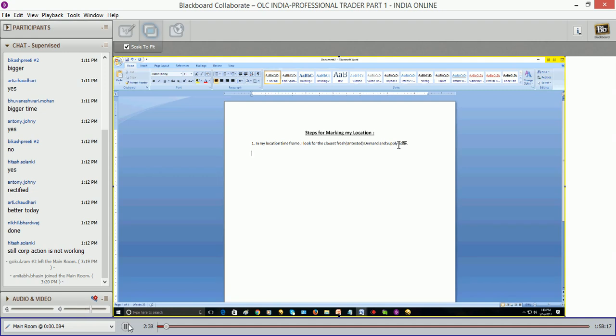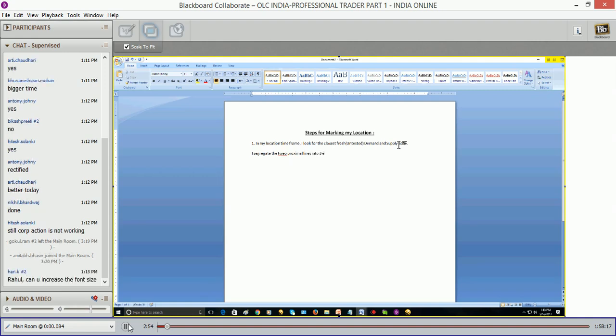Step number 2, I segregate the two proximal lines into 3 equal parts.